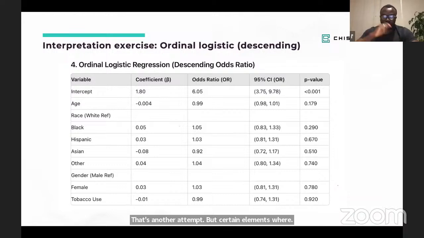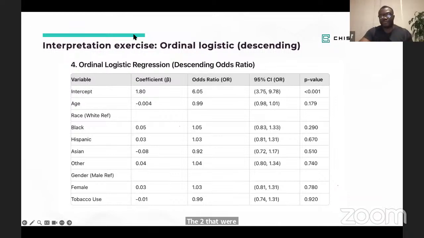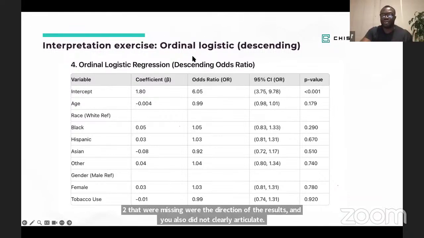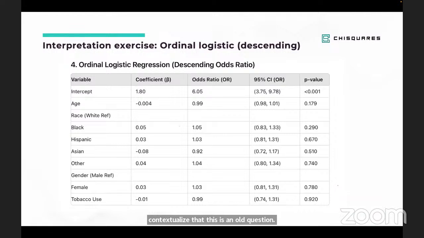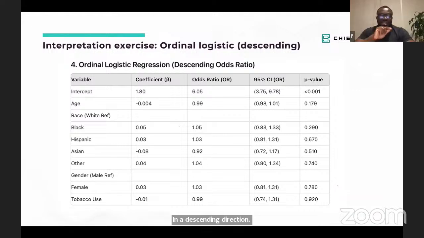The two that were missing were the direction of the results, and you also did not clearly articulate what the outcome was. You did not really contextualize that this is an ordinal logistic regression in a descending direction. So you can work on that. Can somebody else now take what he said, build on that, and correct those two things that were wrong?